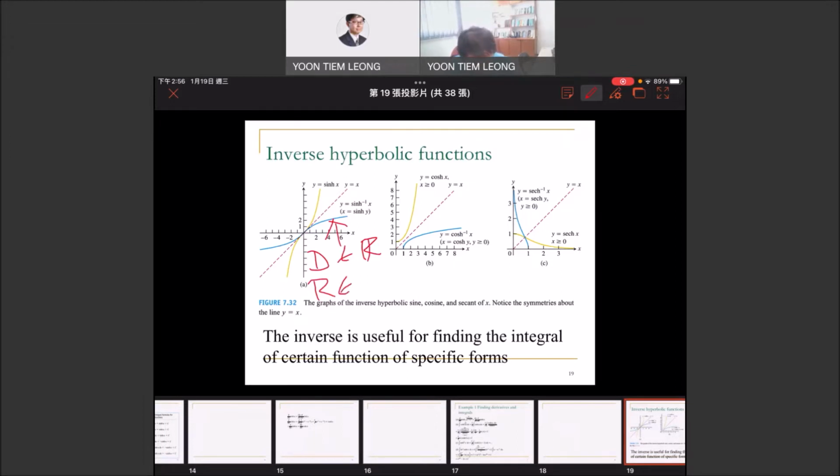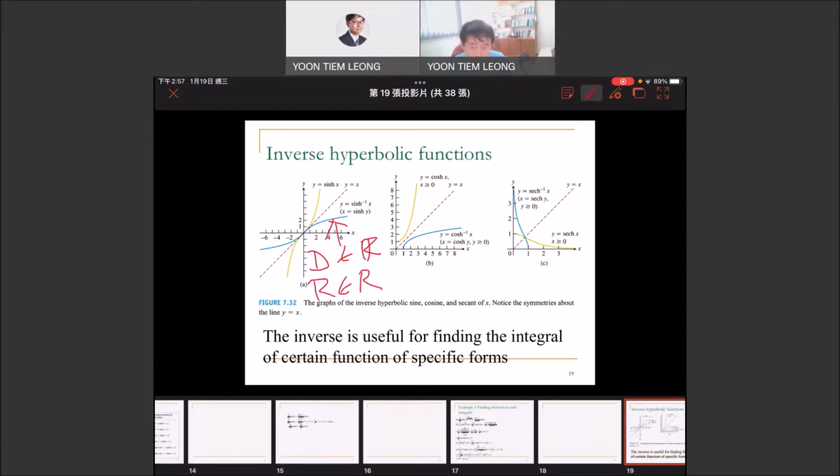It is also ranging from negative infinity to positive infinity. So that is the domain and range of the inverse hyperbolic function.